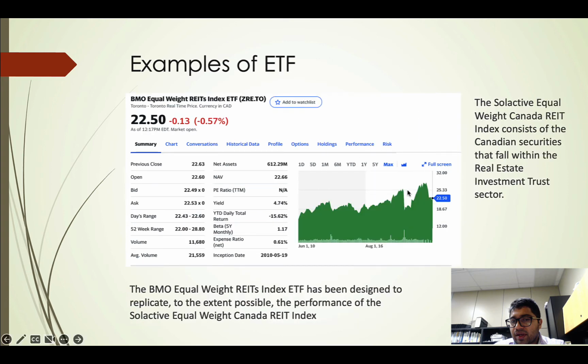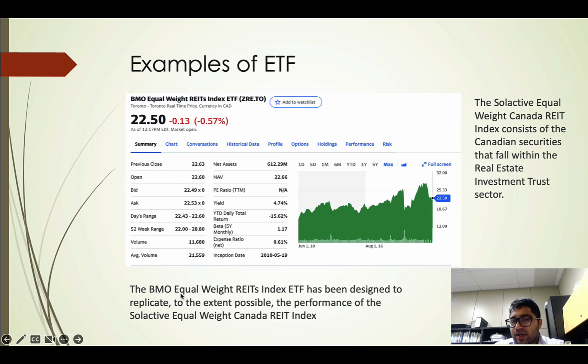This is an example of a REIT ETF. So it invests in real estate companies, real estate REIT companies. If you haven't watched the video on what REITs are, in a previous video we discussed what REIT companies are. But just a high level remark, REITs are property management companies that manage property and they share rents with investors. So this is a REIT index. So it invests in REITs.